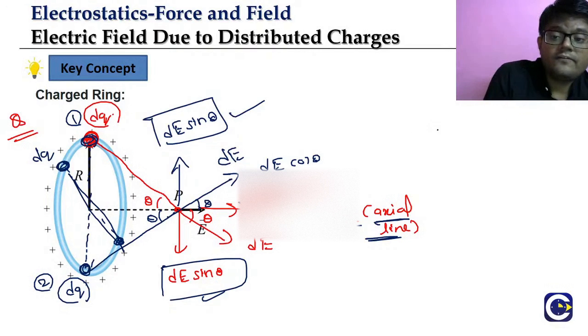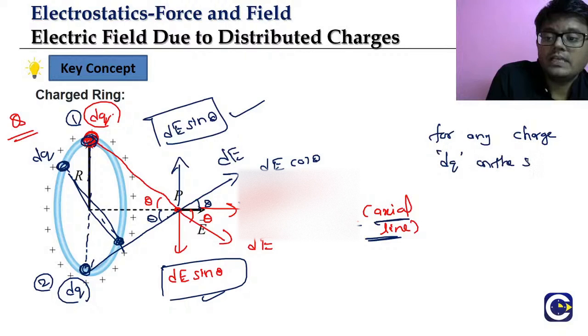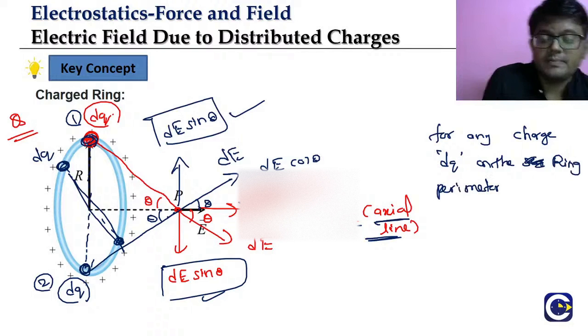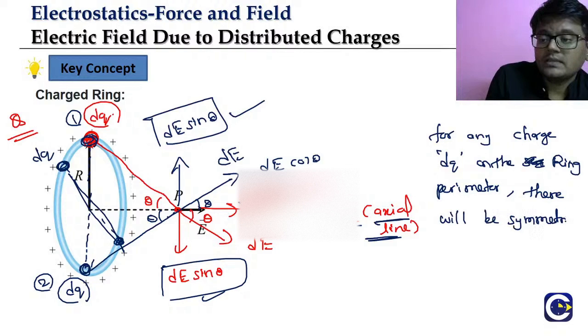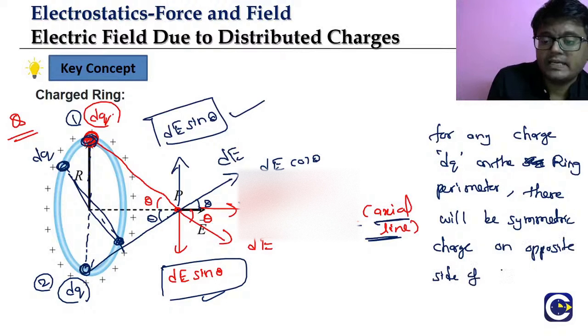So for any charge dq on the ring perimeter, and on the ring perimeter you take a small portion dq, okay, there will be symmetric charge on the opposite side of the diameter.